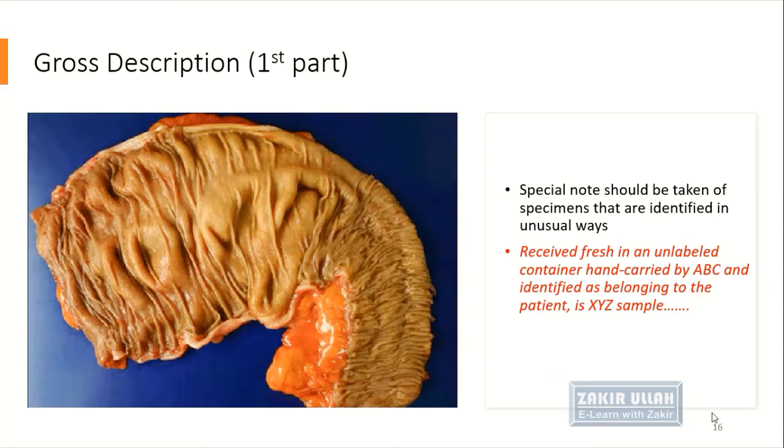It should also be noted if it was not labeled, was received in an improper way and not through the proper channel, or was not labeled with the patient name, unit number or hospital ID. All this should be mentioned if a specimen is received in an unusual way or is a complex specimen.